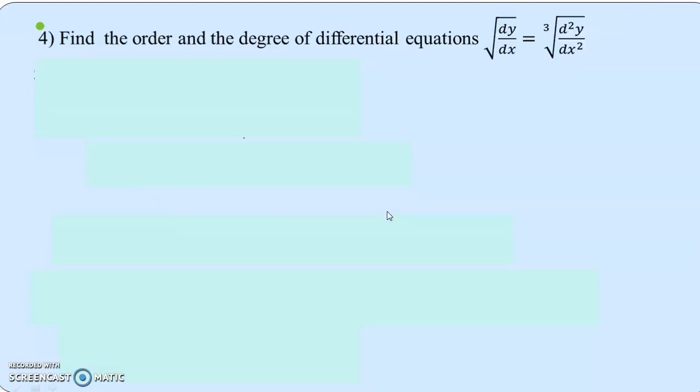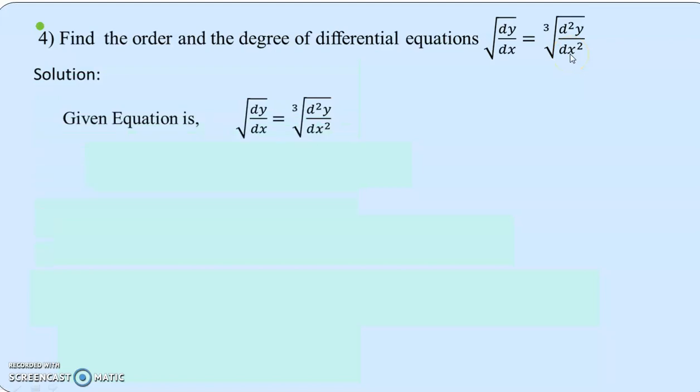Now the fourth example. Find the order and the degree of the differential equation: square root of dy by dx is equal to cube root of d2y by dx square. The first step, write down the given differential equation. Just note that in this differential equation, there is a square root and a cube root.